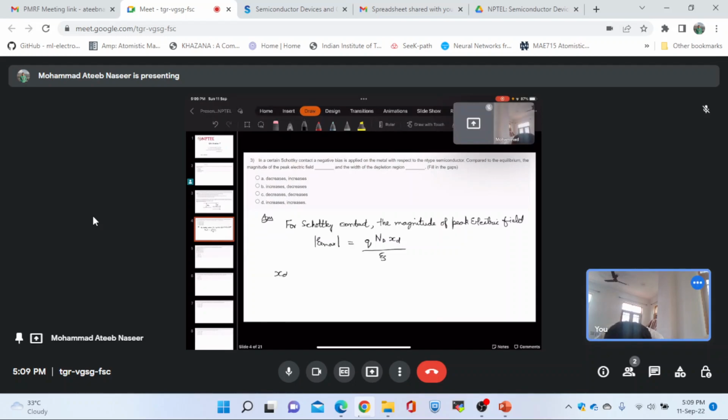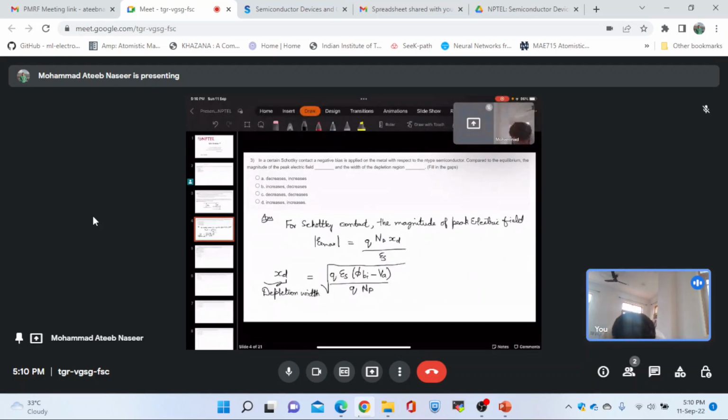Let us concentrate on this Xd. This Xd is the depletion width, and it is given by the square root of 2 epsilon s times phi bi minus Va, which is the applied potential, divided by q Nd.